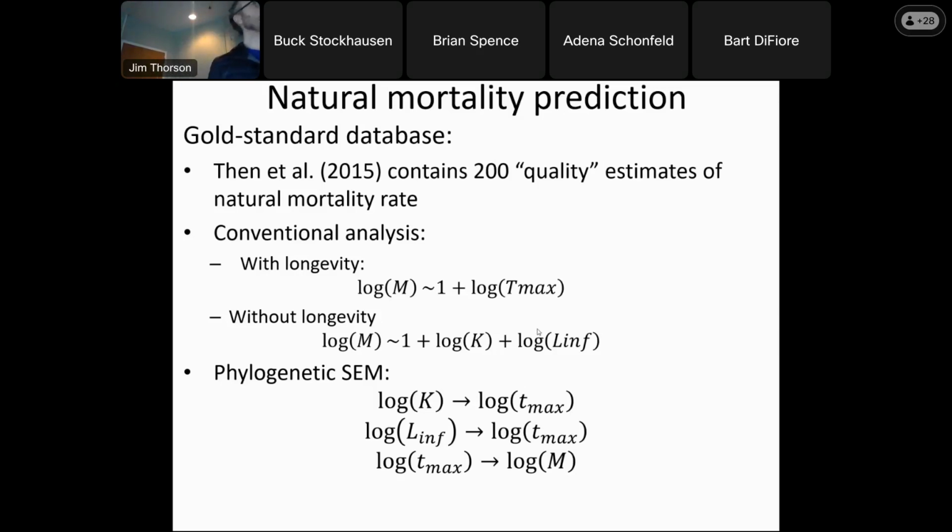That's not an evolutionary model, but it's a convenient way of making the model where growth parameters are conditionally independent of mortality, conditional on longevity. And that means that if I've got a longevity measurement for a species, it'll basically ignore the growth information. So it'll revert to the longevity relationship if you have longevity. If you don't, it'll use evolution to infer that missing longevity.